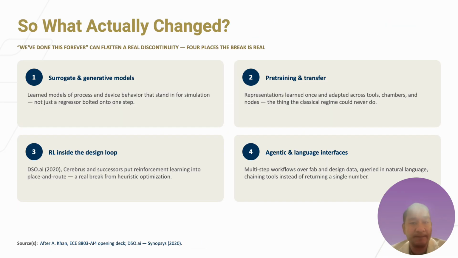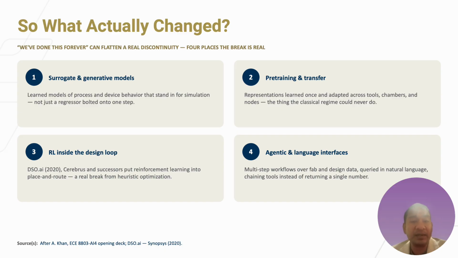Here is the honest answer. Yes, in 4 specific places. First, surrogate and generative models that stand in for whole simulations rather than fitting one step. Second, pre-training and transfer, where representations are learned once and reused across tools and nodes, exactly what the old approach could never do.